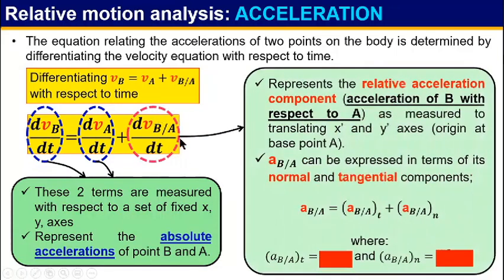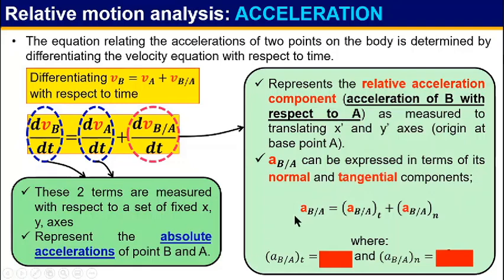So the third term represents the relative acceleration component, which is equal to the acceleration of B with respect to A as measured from translating x prime and y prime axes with origin at base point A. ABA can be expressed in terms of its normal and tangential components, as I already explained to you guys in a previous slide.